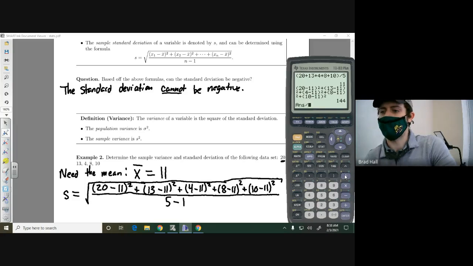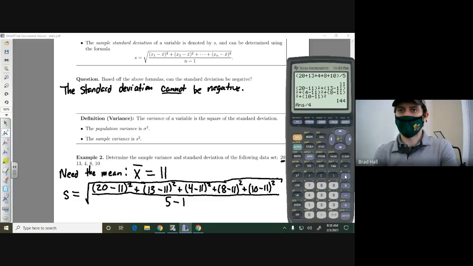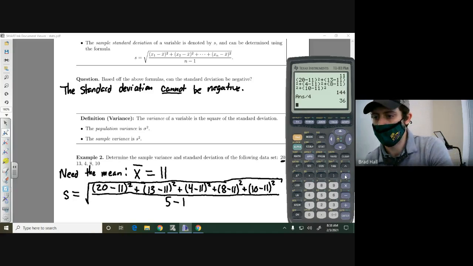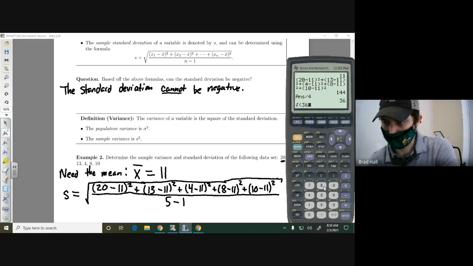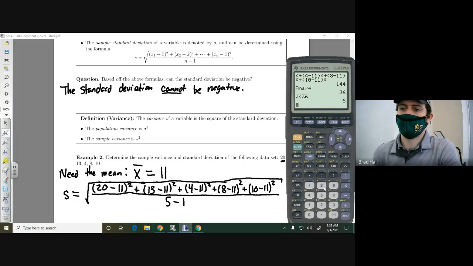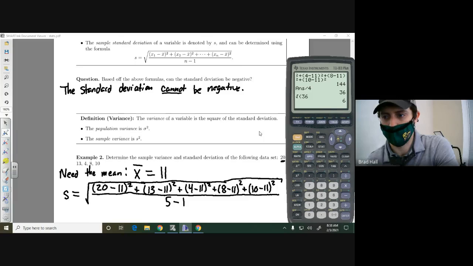We can divide that by the denominator, which is 4, 5 minus 1. And then we take the square root of that. And that is our standard deviation, our sample standard deviation.